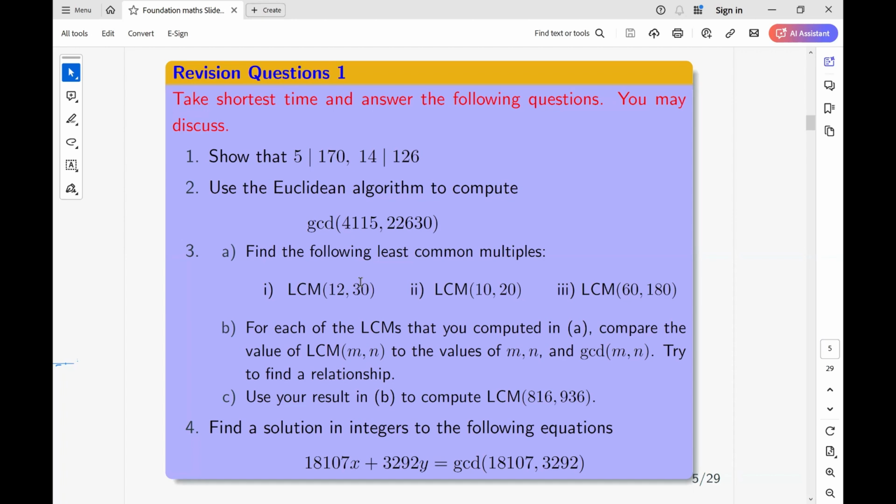The lady, come and lead us in part A, the LCM. Just the normal method.